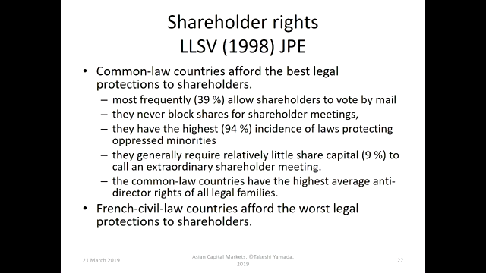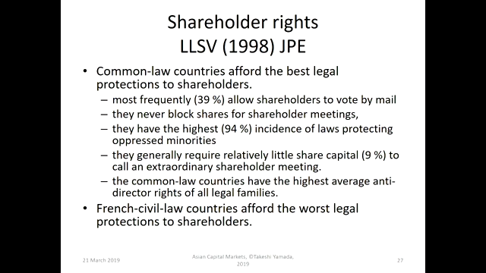And also the common law countries have the highest average anti-director rights of all legal families. Anti-director rights are meant to protect the minority shareholders from either managers or the large shareholders. That's the anti-director rights, which we went through on Tuesday.